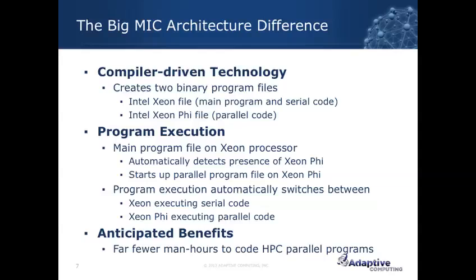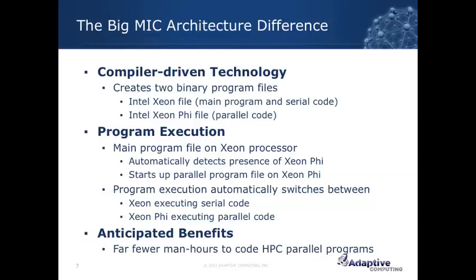Intel has provided a compiler that allows you to compile your program code into 2 binary program files. There's a Xeon file for your main program and your serial code, and then there's a Xeon Phi file for your parallel code. So it generates 2 files, and from that you have your program execution, and the main program will call out to the parallel code on the Xeon Phi chip.